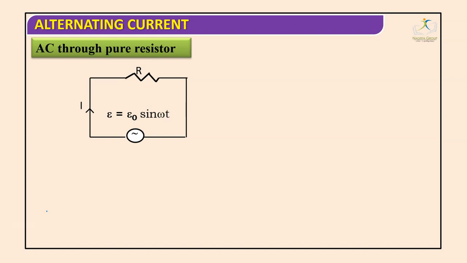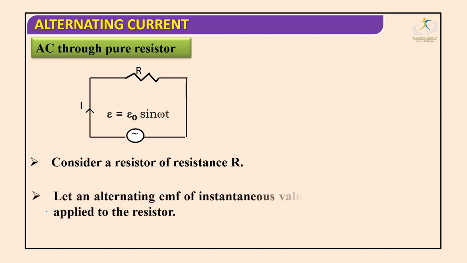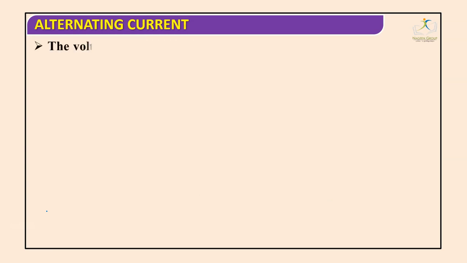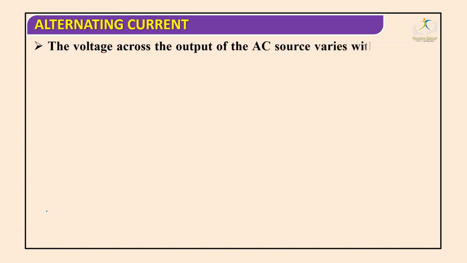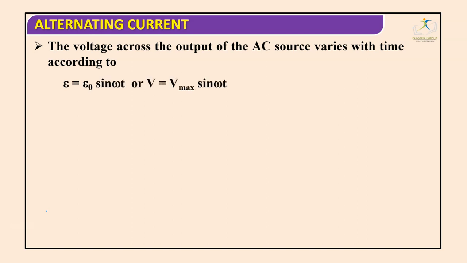For that scenario, consider a resistor of resistance R, and let an alternating EMF of instantaneous value E equals E naught sine omega t be applied to the resistor. The voltage across the output of the AC source varies with time according to E equals E naught sine omega t, or V equals V max sine omega t.